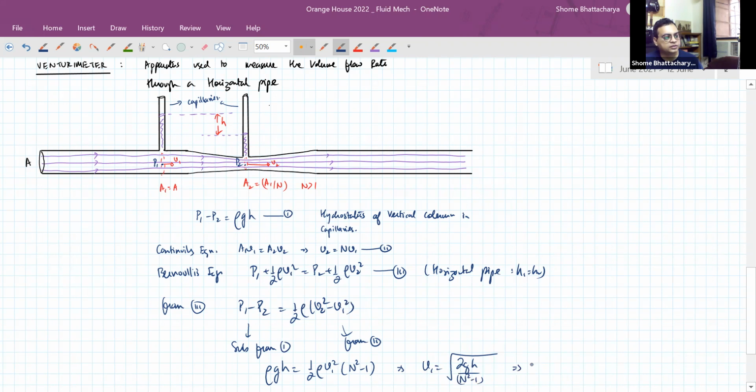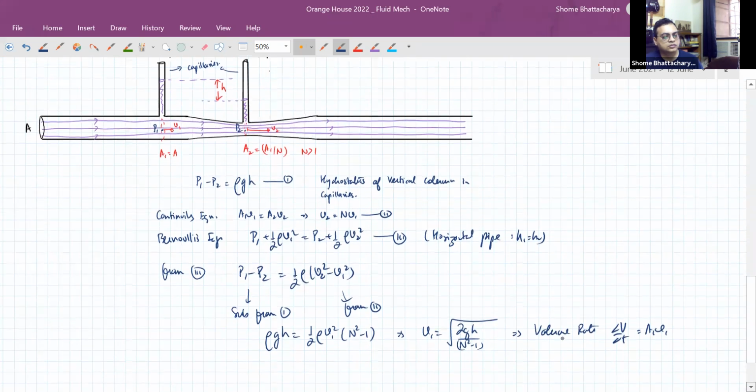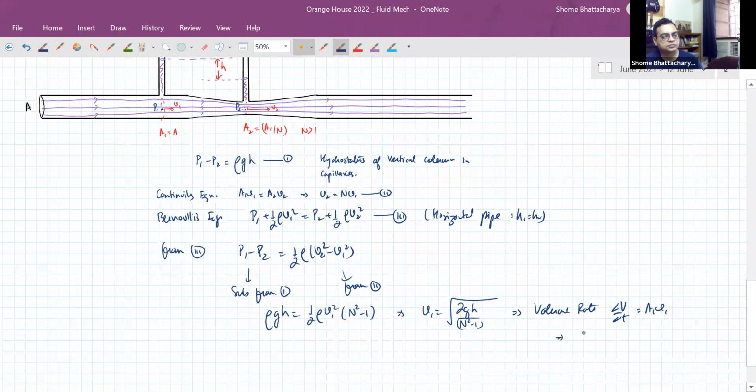So the volume flow rate, so this becomes the formula.